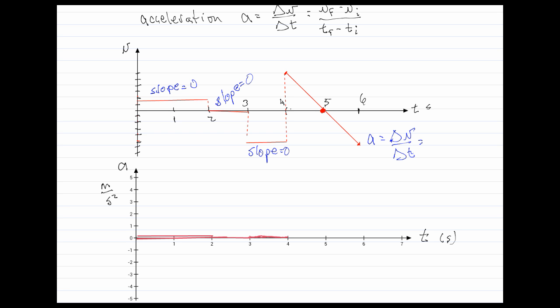Let's say our change in velocity is from 6 to minus 6, and that's over 2 seconds. So that's meters per second, and, well, what do we get? We get minus 6 meters per second squared. So that's the slope of this line over here.